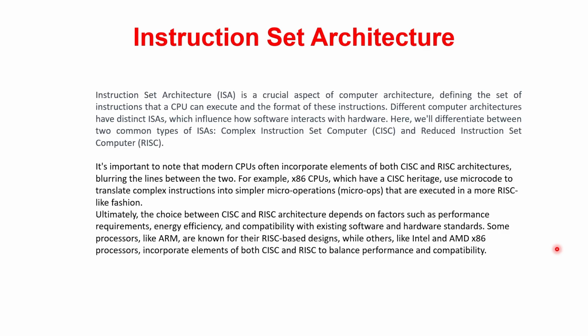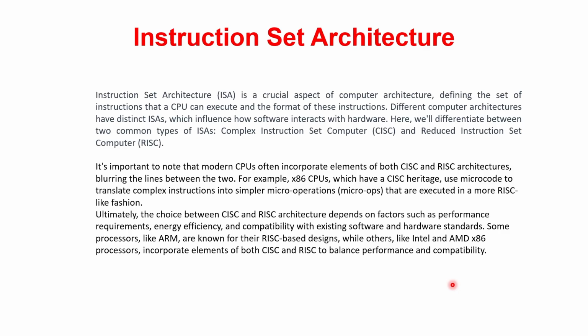It is important to note that modern CPUs often incorporate elements of both architectures, blurring the lines between them. For example, x86 CPUs, which have CISC heritage, use microcode to translate complex instructions into simpler micro-operations that are executed in a more RISC-like fashion.